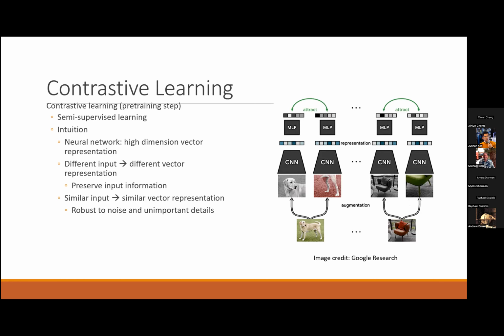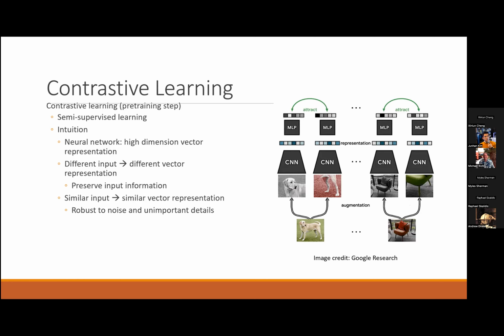So how do we do that? Well, through data augmentation. Data augmentation is basically a fancy way of saying adding noise, changing your input in such a way that you want your network to ignore those changes. So in this case, it's basically cutting the image into small pieces, changing its color, making it black and white.